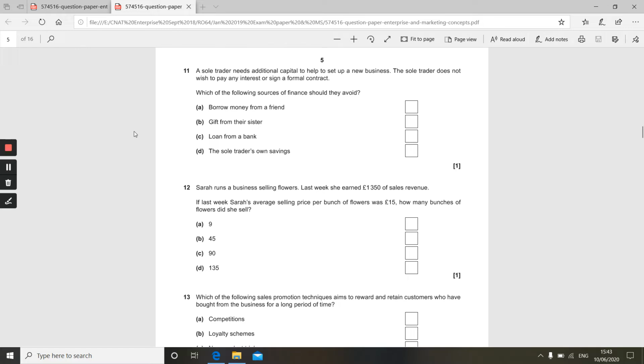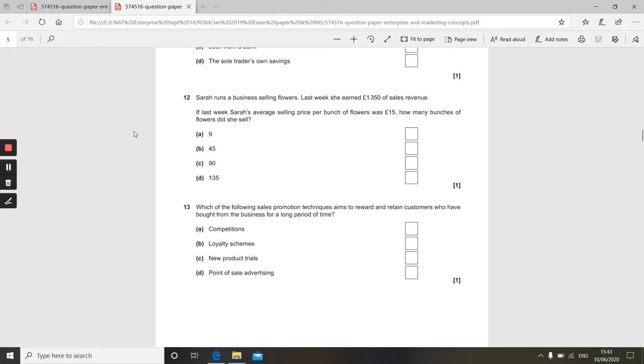Okay. Question number 12. Again, another finance question. Sarah runs a business selling flowers. Last week, she earned £13,050 sales revenue. If last week Sarah's average selling price was £15, how many bunches of flowers did she sell?